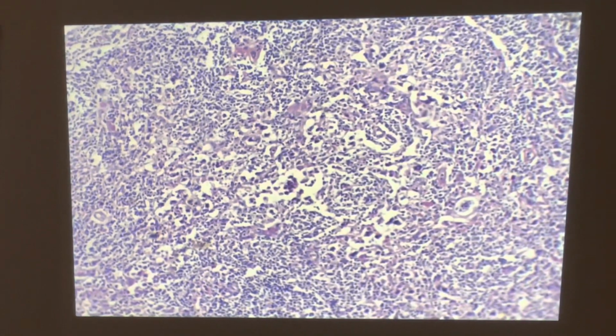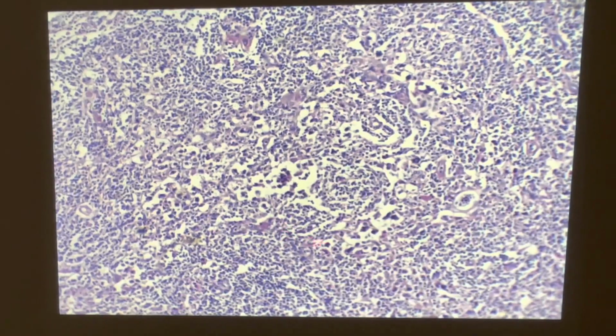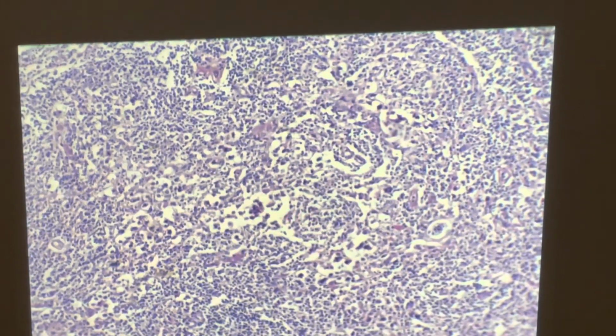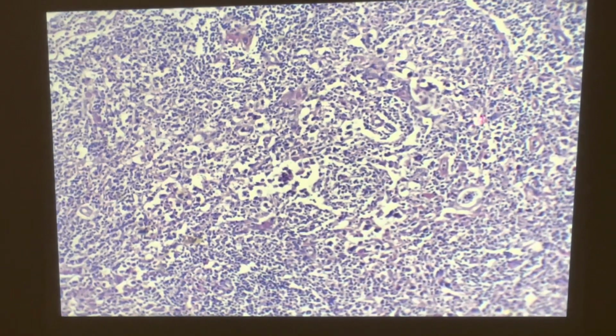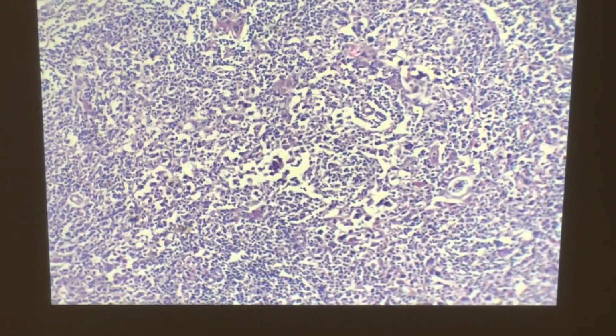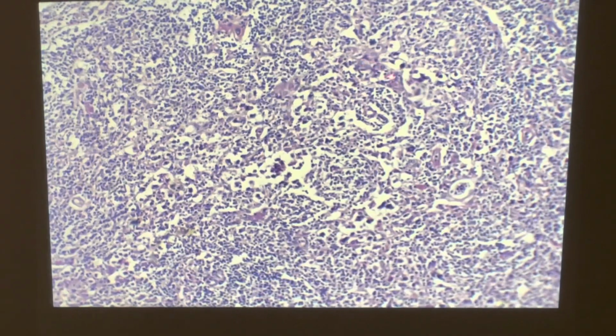Now take a look. These are the accumulation of the lymphocytes. And these lymphocytes are arranged to look like a small nodule. These are the lymphocytes, separated by what? By the stroma. This pinkish material is a collagen fiber.